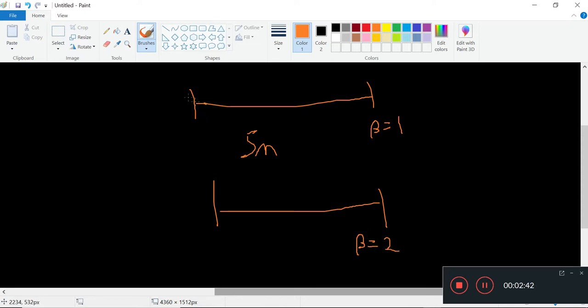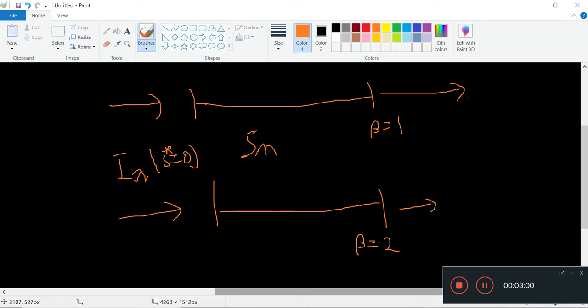While both the lengths are the same, and you have the same radiation coming in at I lambda, s equals 0, s star equals 0, the radiation exiting here will be much stronger than the radiation over here, because this medium absorbs more.